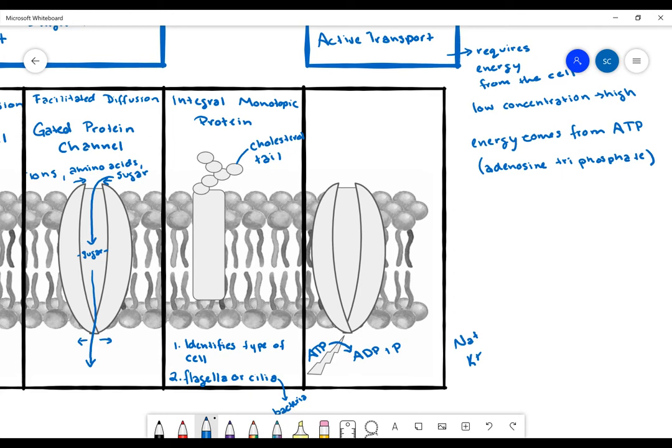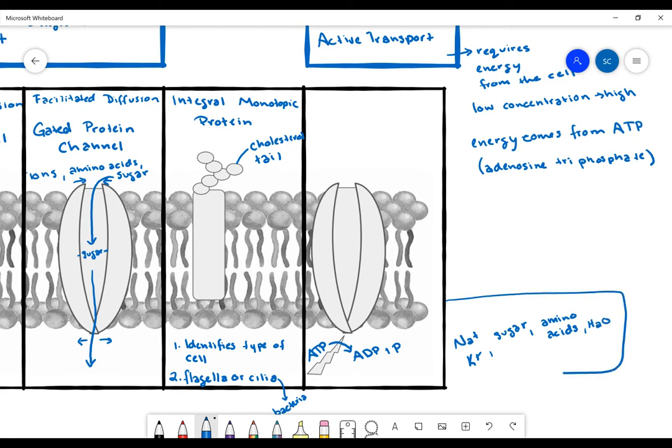But we're going to talk about it a little bit now as well. So we're looking at those two. We can also see sugar moving through this channel. Okay, also amino acids. And occasionally water.